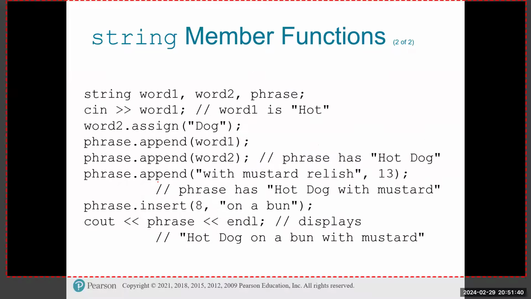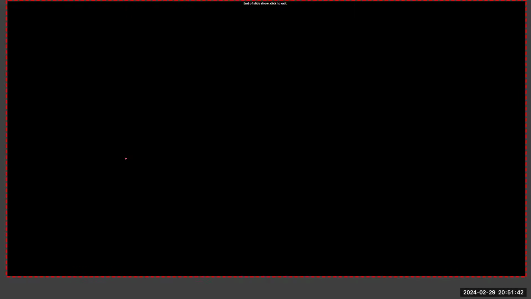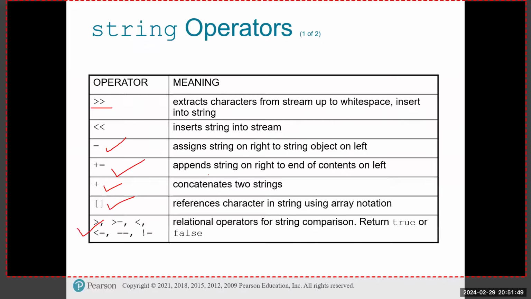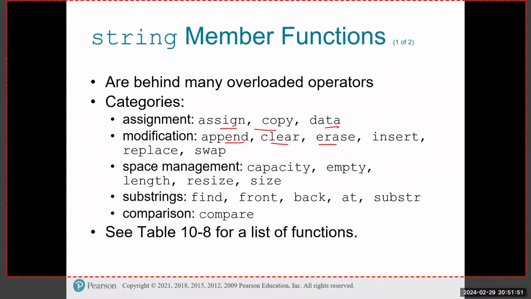You can see the list of the functions in a table, table 10.8. We did not put it there, but it's in the book. Table 10.8 has all the functions. So just take a look at the book, and you can use those functions for a string.